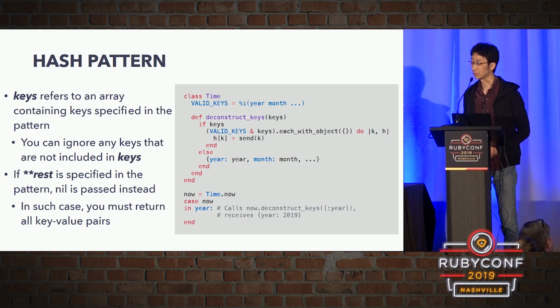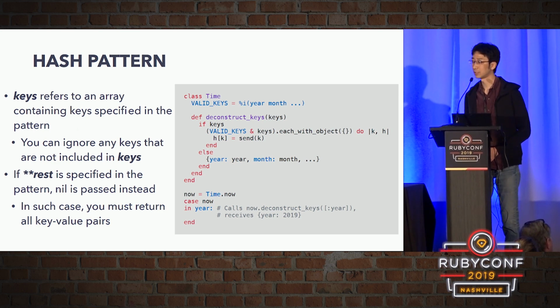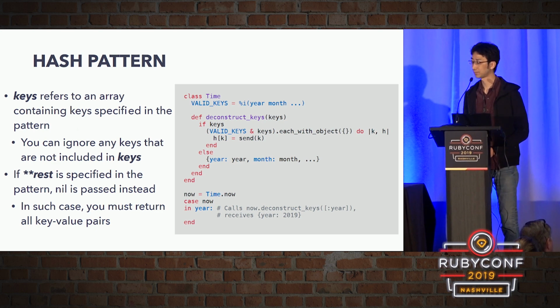So to improve that, keys refers to an array containing the keys specified in the pattern. So if we use that, we can implement deconstruct_keys that returns a hash that only includes those keys.